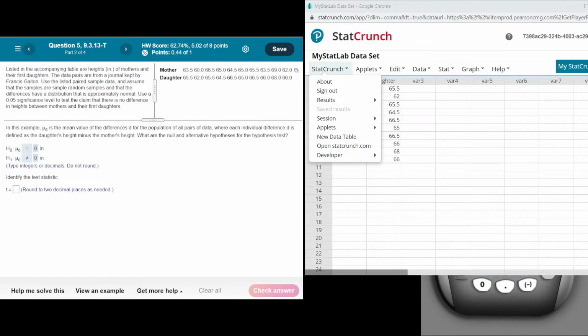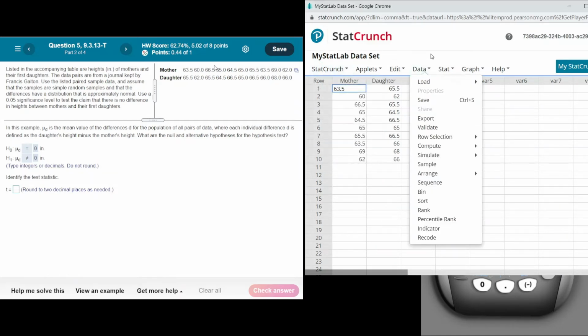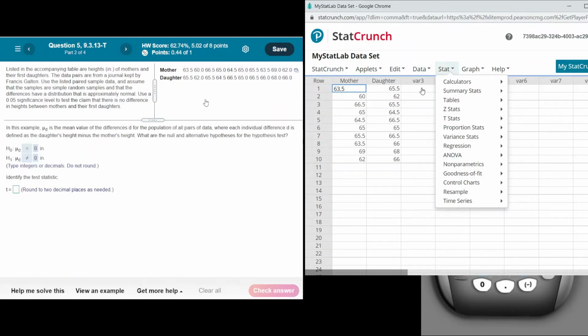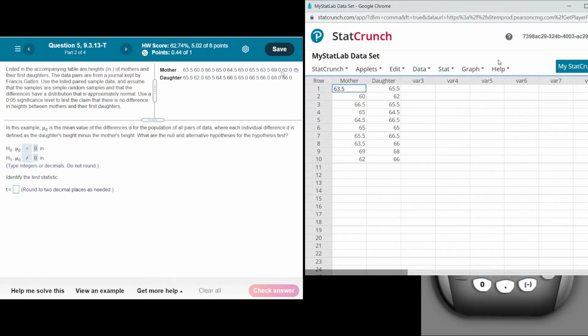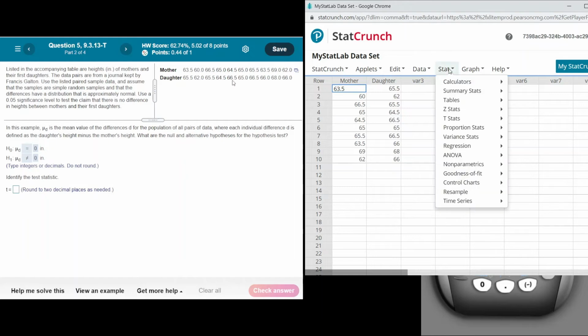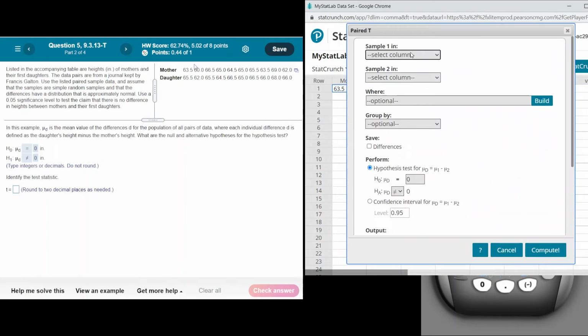Oh, you guys can see the StatCrunch. Great. Okay, so now I want to find the difference table. And I want to find my mean and standard deviation. Once I have that, we're good. So it says stats, t-stats for paired because they're dependent upon each other.